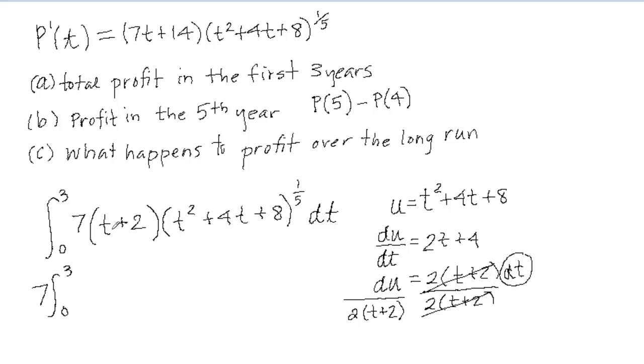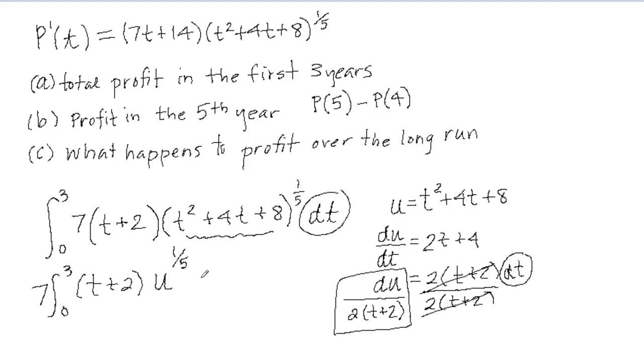So the 7 is outside. I don't have anything I can substitute for t plus 2, so I'm just going to leave it there for now. This entire expression is u to the 1/5, and for dt, I can put in du over 2 times t plus 2.